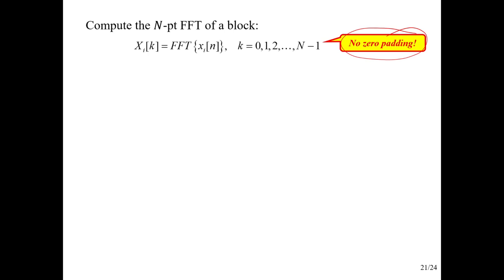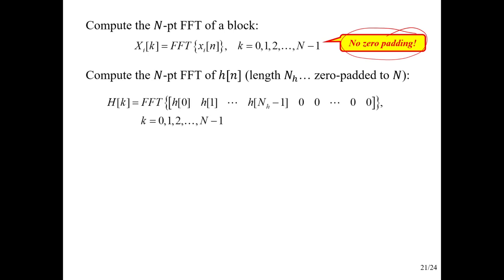That's very different from what we did for overlap add. Remember, in overlap add, we zero padded the signal block and the filter block. Here, no zero padding on the signal block. Now the next thing we do is zero pad the H. We are taking L such that the N value is bigger than NH, so we zero pad it out and take the FFT.